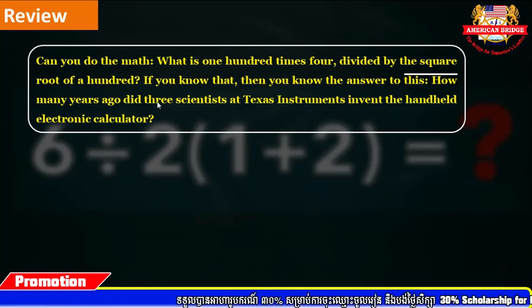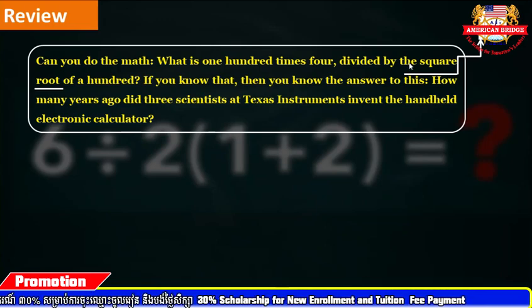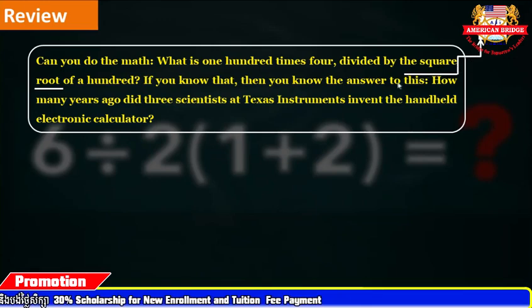If you know that, you just do the formula like this, okay? First of all, you have to know what you have to calculate first, everyone. This is the symbol of the square root.